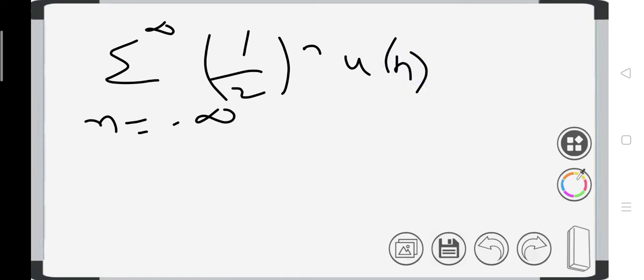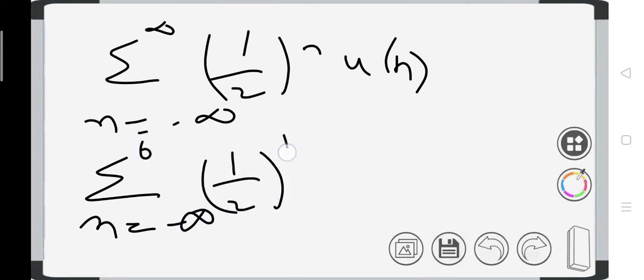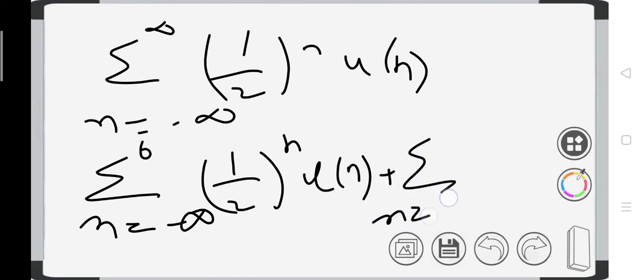Here what I am doing is I am extending the limits, minus infinity to 0 and 0 to infinity. So what happens, summation n is equals to minus infinity to 0 1 by 2 whole power n into u of n plus summation n equals to 0 to infinity 1 by 2 whole power n into u of n.